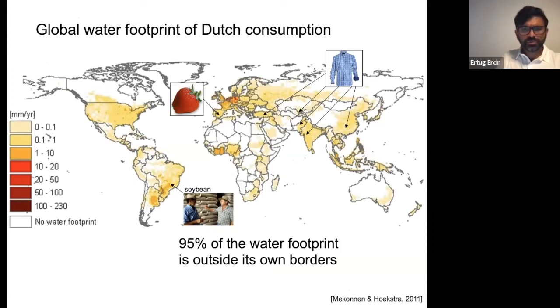This is called virtual water trade. It means the trade of goods and commodities with embedded water, the water footprint of those products. You're buying water virtually, the produced and consumed water that is embedded in the products during their production.